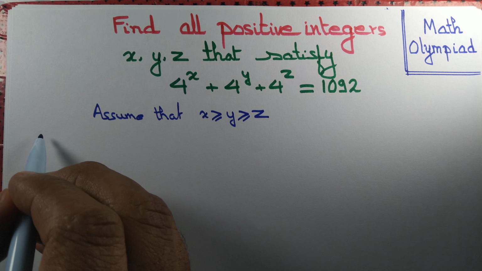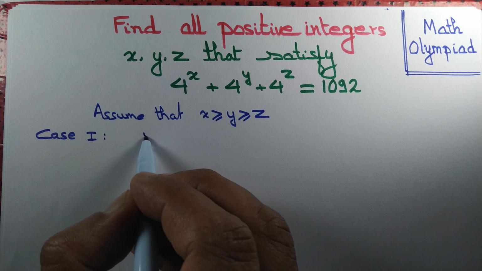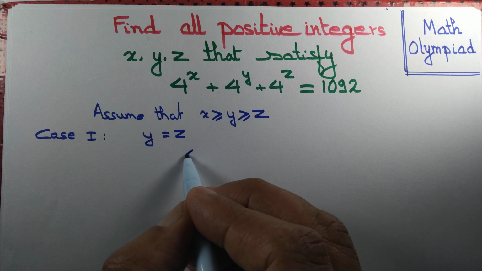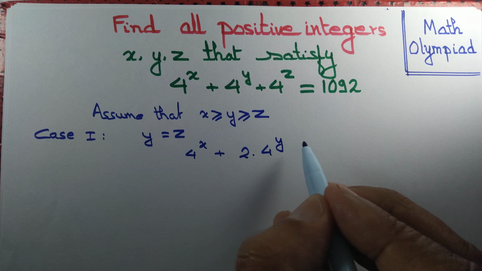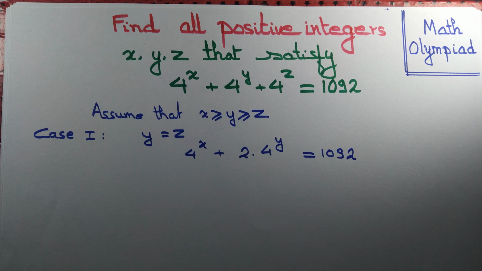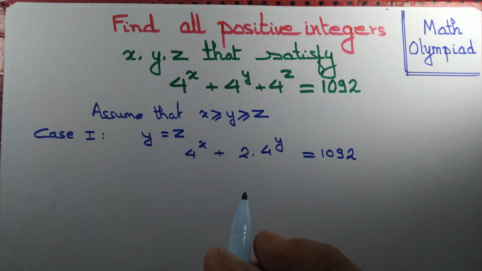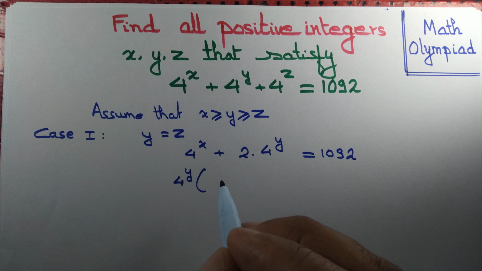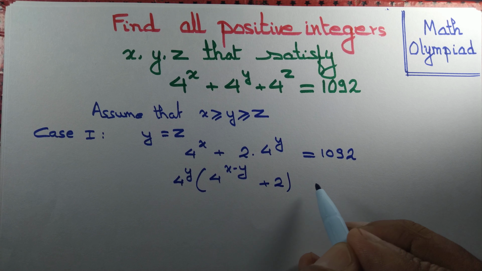So let's start with the simplest case, case 1, y equal to z. Then this equation can be written as 4^x + 2 times 4^y = 1092. As x is greater than or equal to y, we can take 4^y common and write this expression as 4^y times (4^(x-y) + 2).